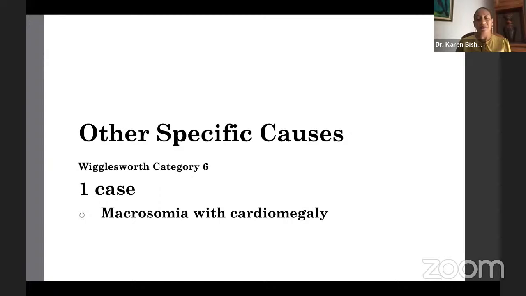The heart was markedly enlarged, but there were no structural abnormalities. In other words, no valvular disease, no hypoplasia of chambers, anything like that. So also no endocardial fibroelastosis.